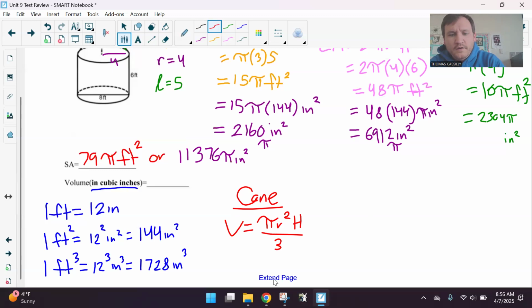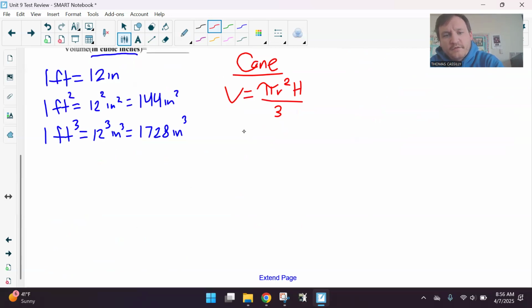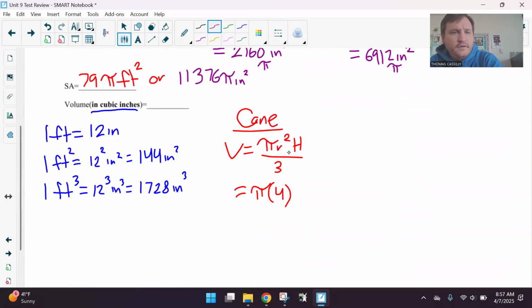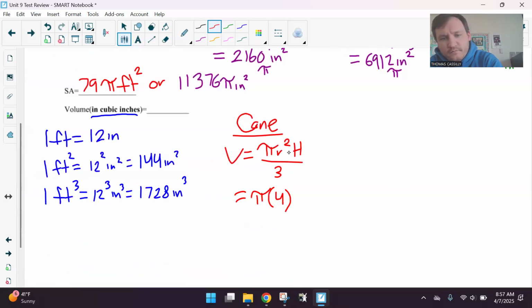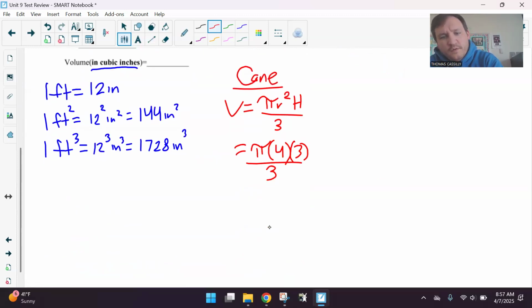So we have pi times 4 times 3 divided by 3, which is 4 pi cubic feet.